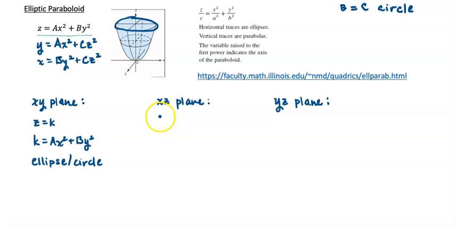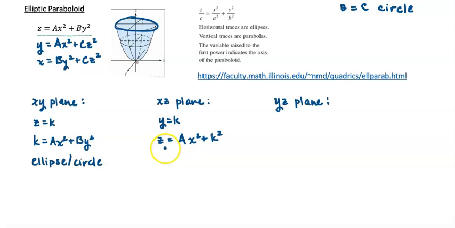Now for our vertical traces, we have the xz plane. In the xz plane, we know that our y value is equal to k. When we plug that in our equation, we get z is equal to ax squared plus some constant times k squared.